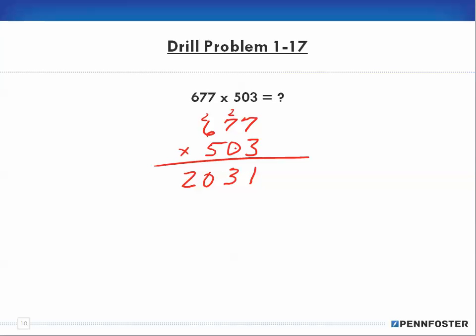Right. Now move on to the 0. Notice that's under the 10 spot. So I'm going to multiply 0 times 677. Obviously any number times 0 is 0. I could do this one of two ways. I put the 0 underneath the 10 spot, and then the 0 and the 0.